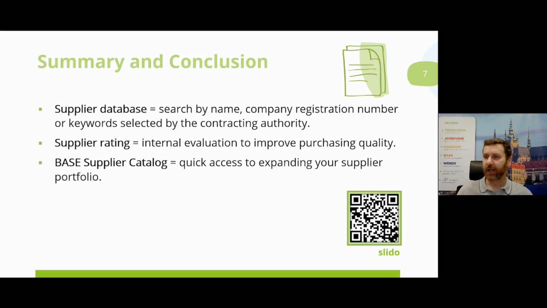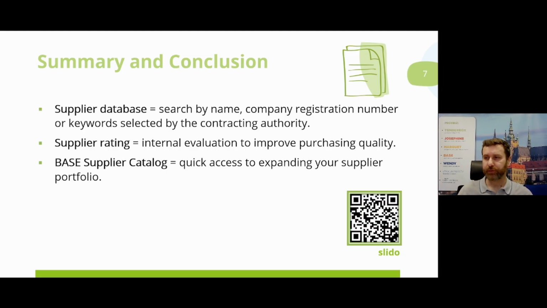So maybe a summary and conclusion. It's something like this: the supplier database. You can search by name, company registration number, keyword, selected to use it for faster preparation of tenders and something like it, and for faster communication, of course, because you decide which companies you are going to invite to your tenders. Supplier rating depends on you.